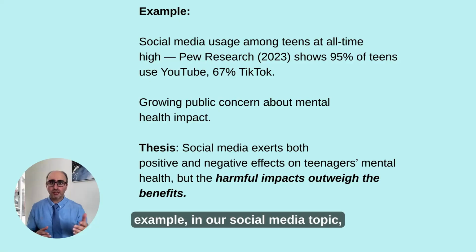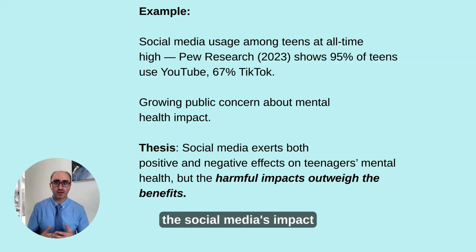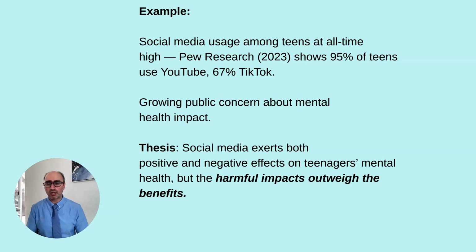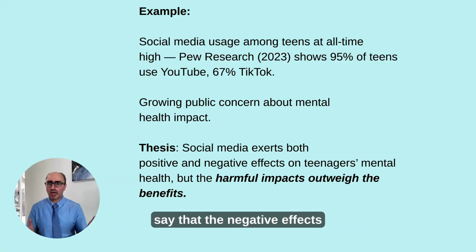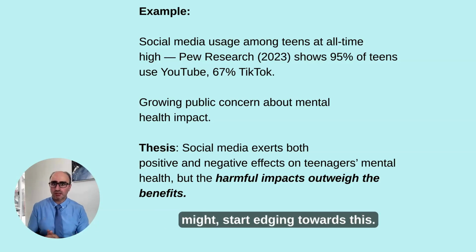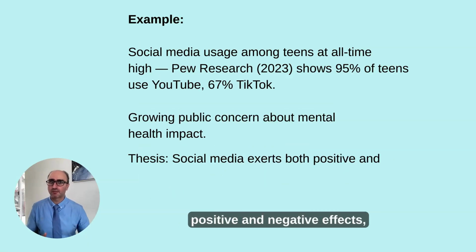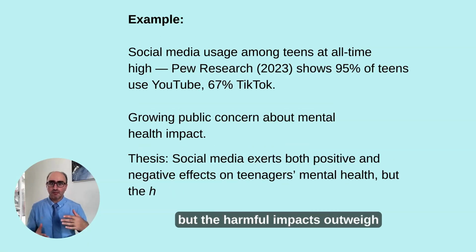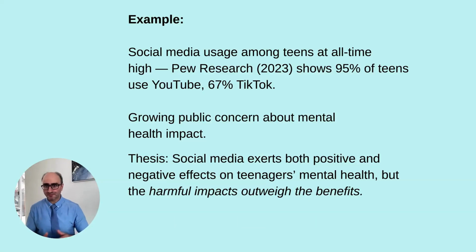For example, in our social media topic, you might weigh the pros and cons of social media's impact on teen mental health, and then lean towards one side. Say that the negative effects outweigh the positives. So here, your argument might start edging towards this: social media exerts both positive and negative effects, but the harmful impact outweighs the benefit.